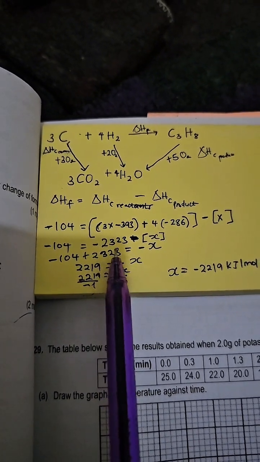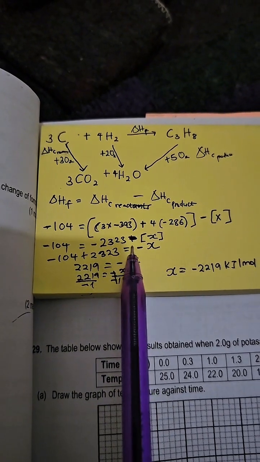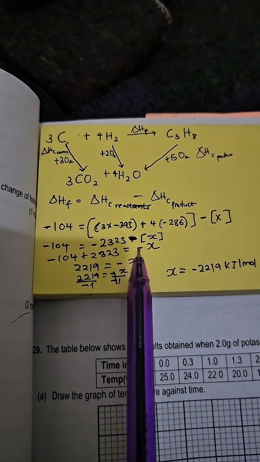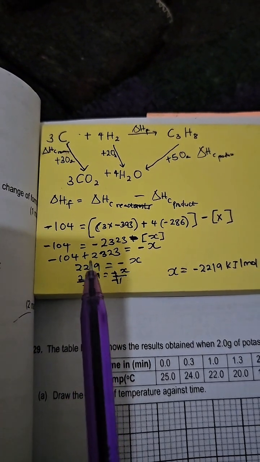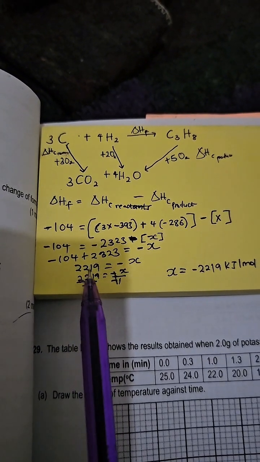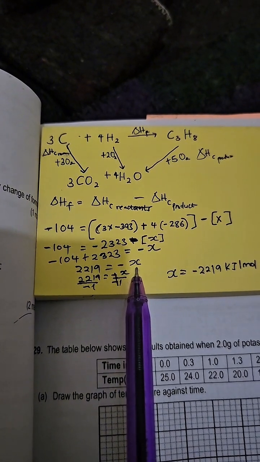When this minus 2323 goes to the other side, it will be positive 2323. But on this side, mathematically, the minus sign remains on the x. So when you add, positive 2219 is equal to negative the enthalpy of combustion of propane.